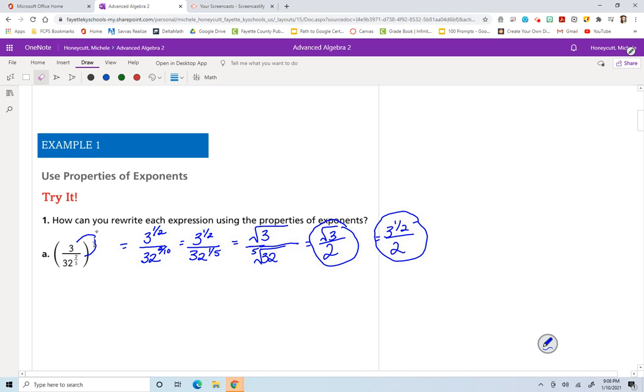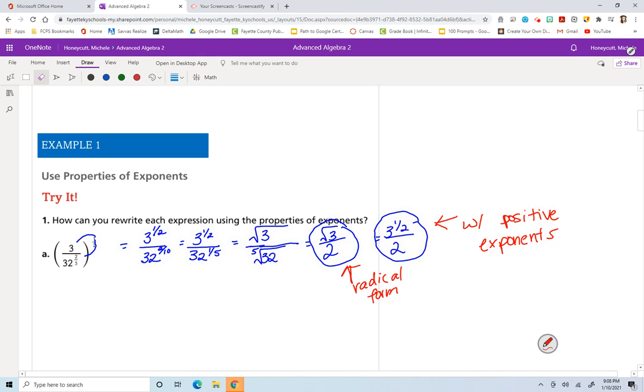Sometimes the question will prompt you to write your answer using radical form. So this would be radical form. Sometimes they'll ask you to write your answer with positive exponents. It's just kind of up to the directions in the problem.